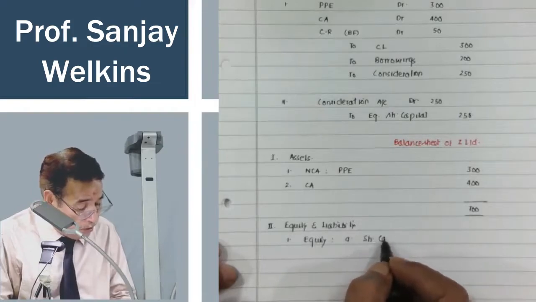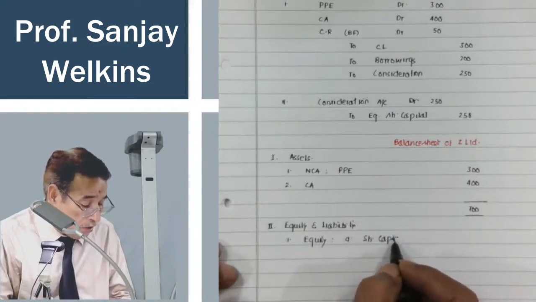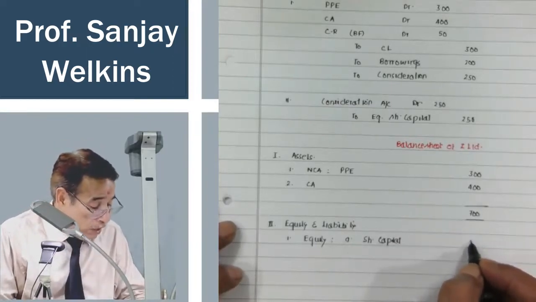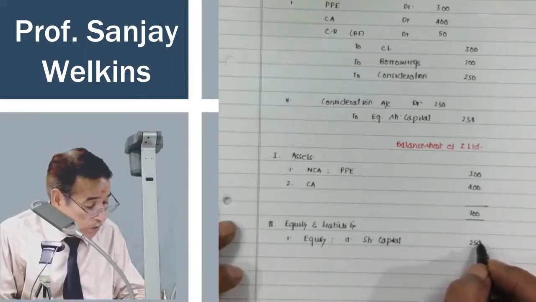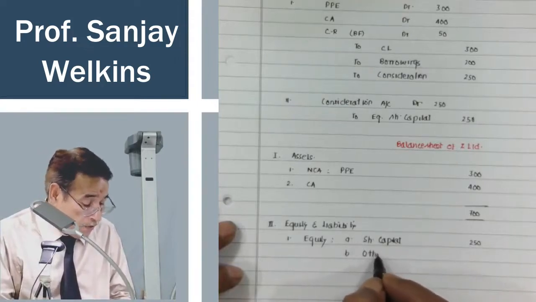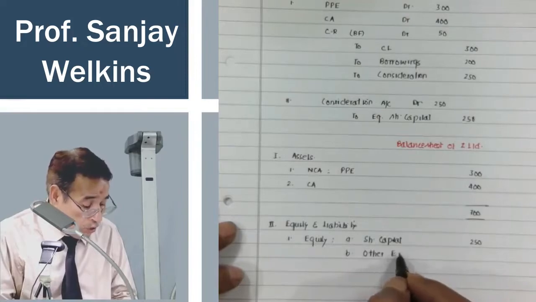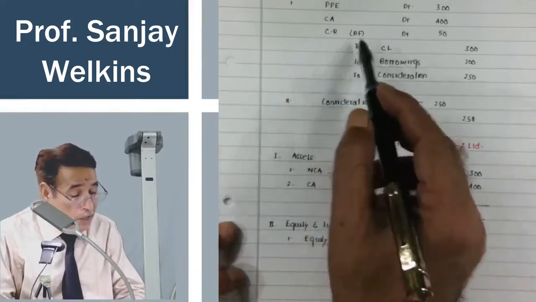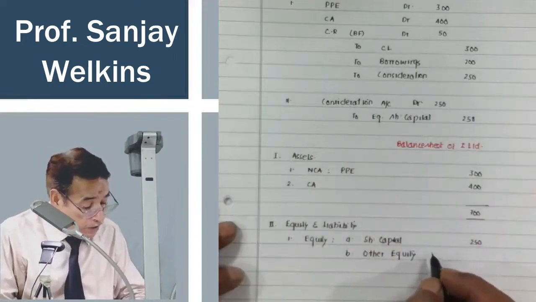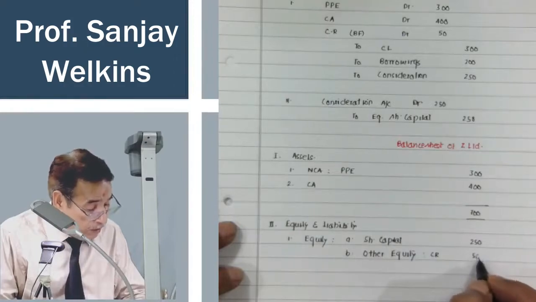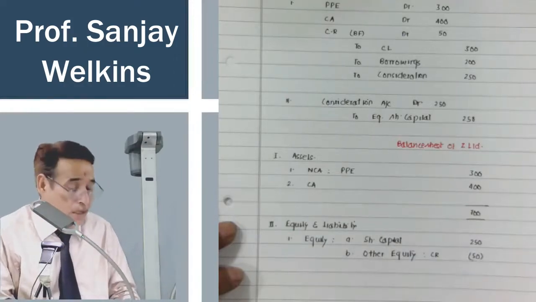Since Z Limited has issued share capital worth 250, you are going to write here 250. Then you will write here other equity. Z is a new company, no question of any previous equity. But here we are having capital reserve and it is having a debit balance. So capital reserve is having a debit balance, you will write it as a negative item.